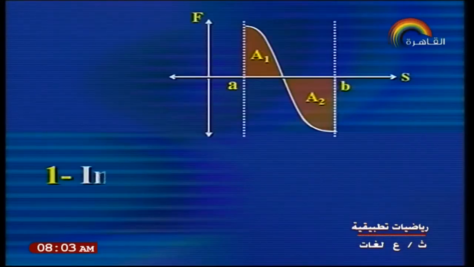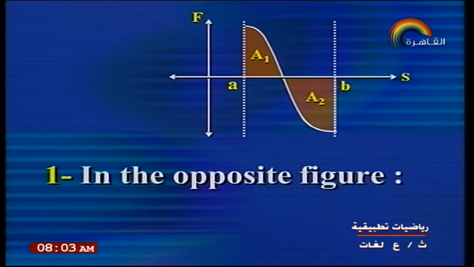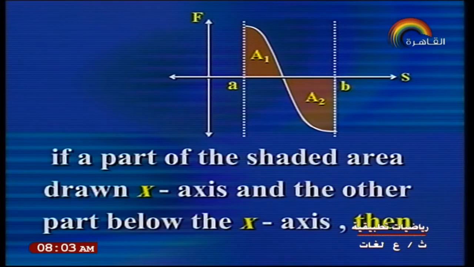Remark, dear students: in the opposite figure, we note that one part of the shaded area is above the x-axis and the other part is below the x-axis. We have two parts, A1 and A2. A1 represents the shaded region above the x-axis, A2 the shaded region below the x-axis.